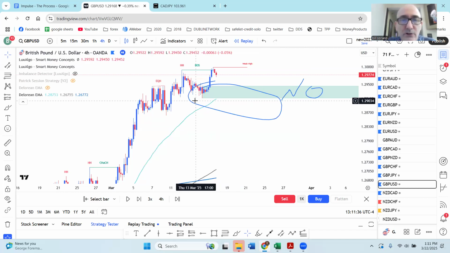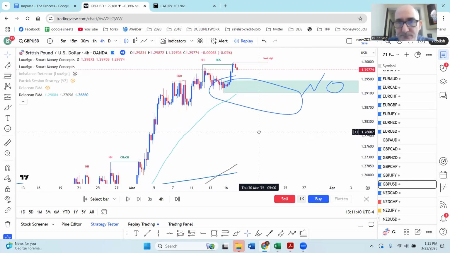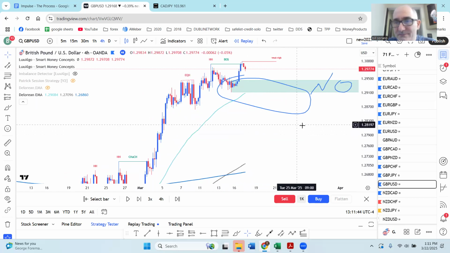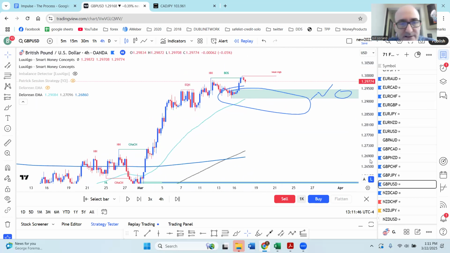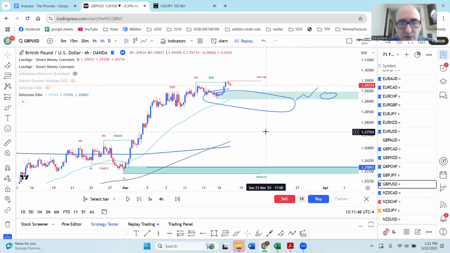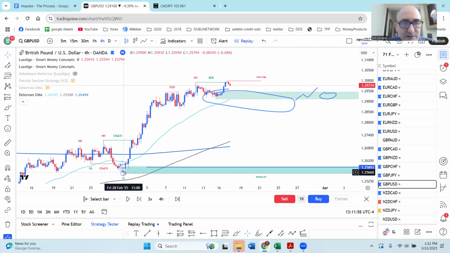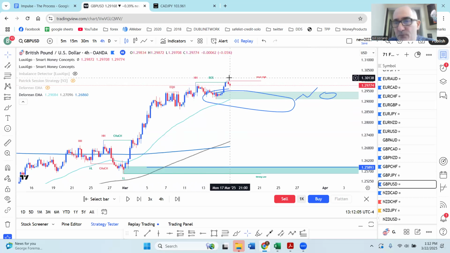First of all, you did not have a valid break of structure to the upside yet. You just have wick rejections. The second reason is you want the move that creates the break of structure to be at least half of the prior move. And you can see the prior move goes from here up to here. This moves down, and so far, you only have this small move.